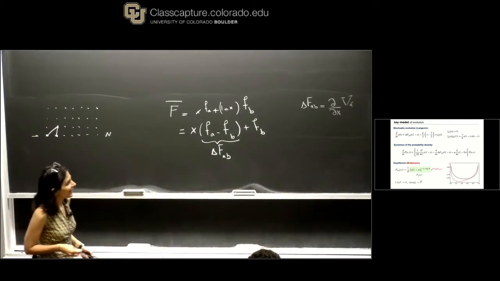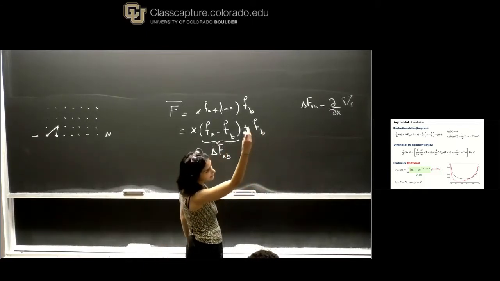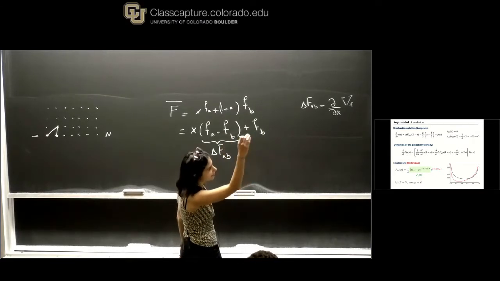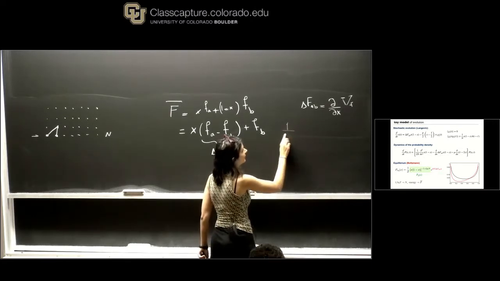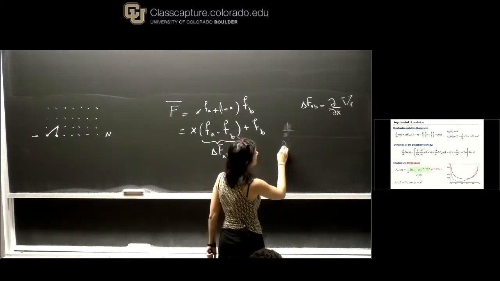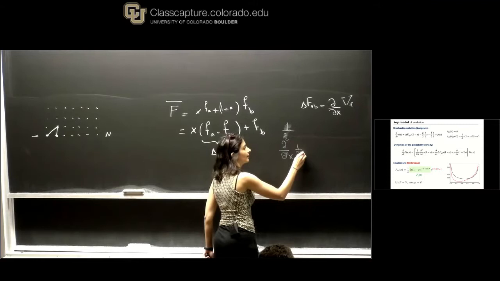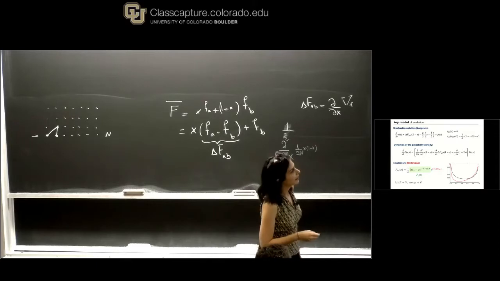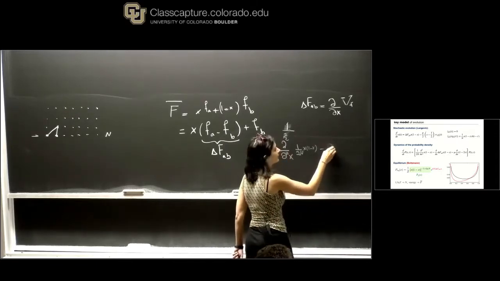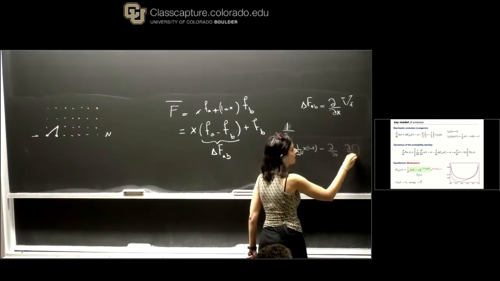Then what I end up having is that I can write down the stochastic part and the selection part together as the second derivative with respect to x of 1 over 2n times x(1 minus x), and then minus the derivative of the potential times x(1 minus x), right?